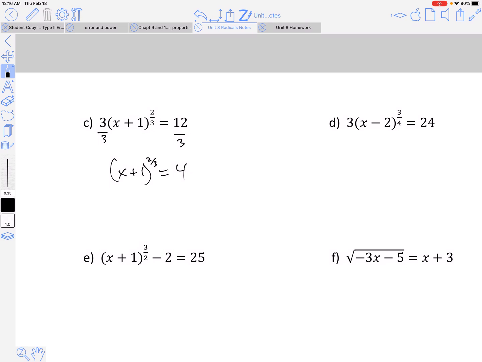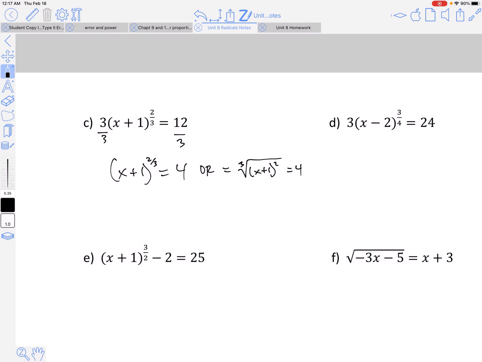We've got to get rid of that 2 root 3. So another way to think about this, remember we can change it to radical form. We actually have the cube root of x plus 1 squared equals 4.